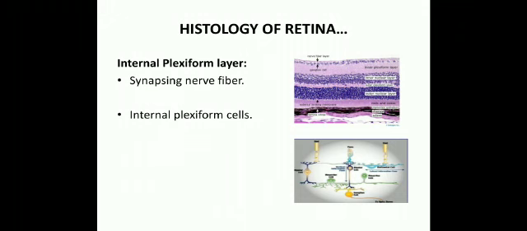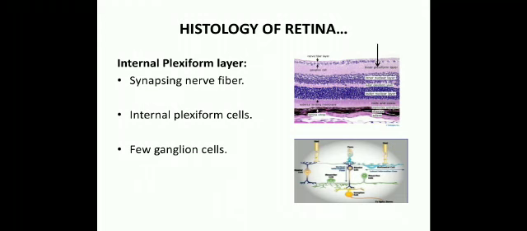The internal plexiform layer also consists of horizontally placed amacrine cells and a few ganglion cells. So, when we observe, we have the external nuclear layer, external plexiform layer, internal nuclear layer and internal plexiform layer. The plexiform layer consists of nerve fibers. In the nuclear layer, there are the cell bodies and nuclei.